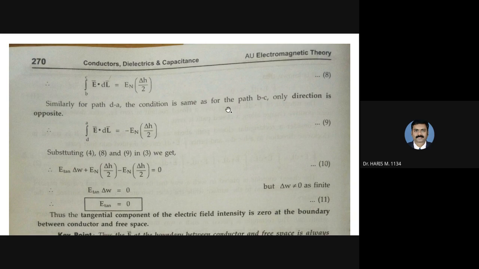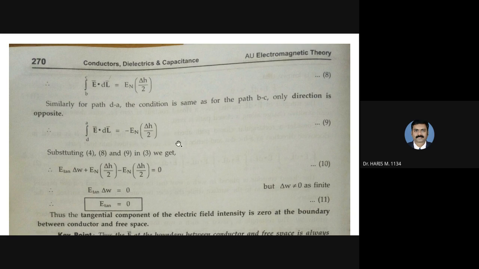This one will be from the bottom region to the top region, which will be opposite, right? So we just have to put the negative sign for this case. So integral D to A E dot dl is equal to minus En into delta H by 2.